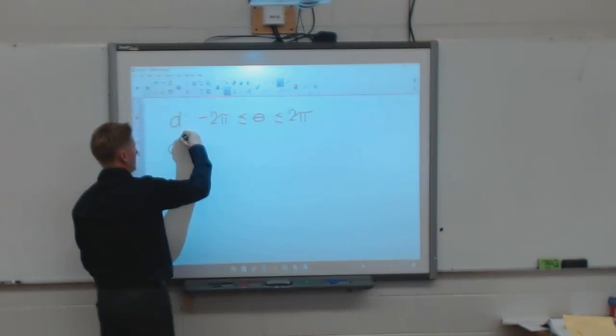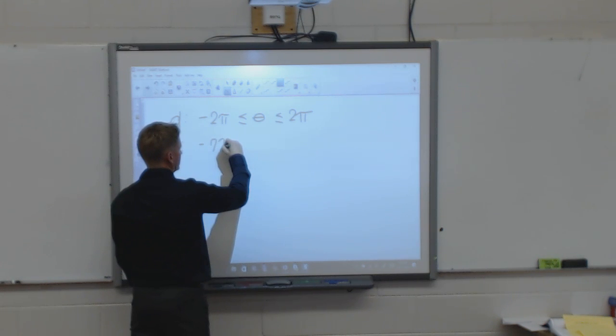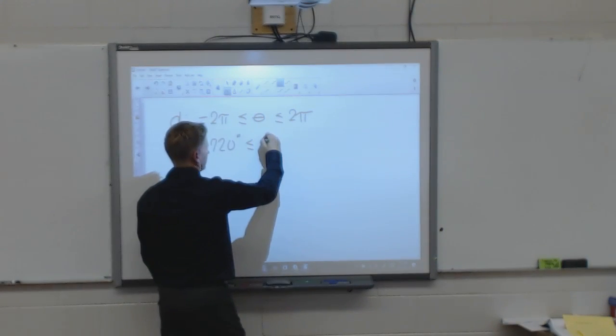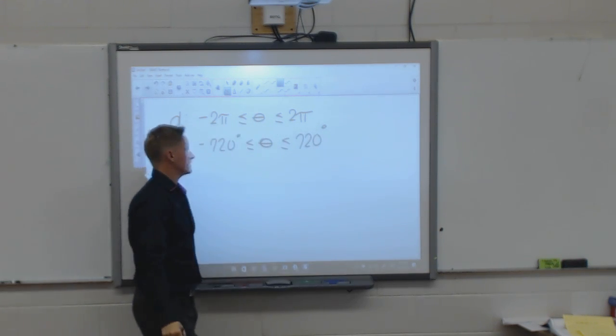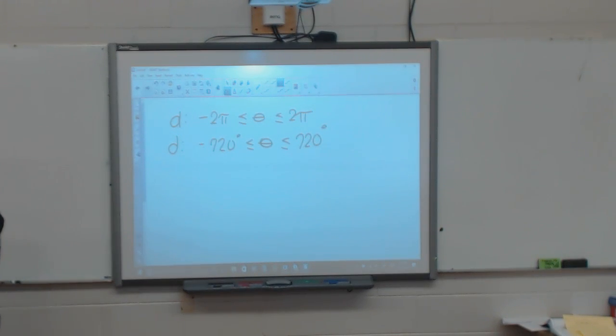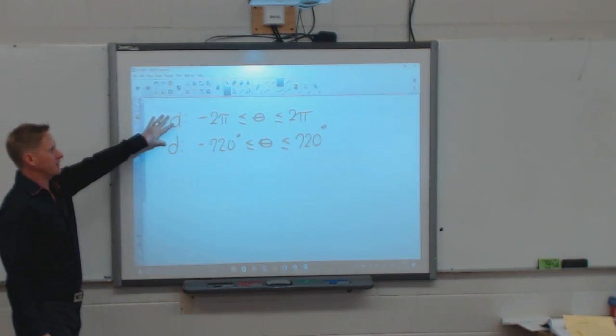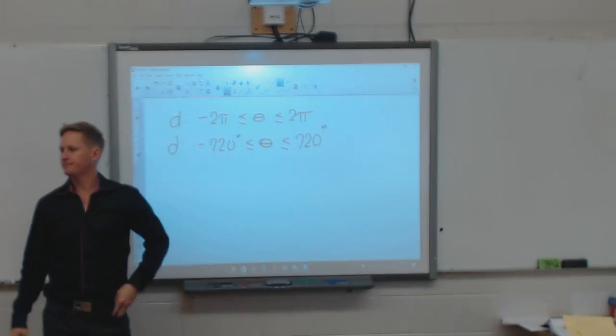If they give you a domain of minus 720 degrees less than or equal to theta less than or equal to 720 degrees, then your answer has to be in degrees. They will specify that at the top of a question.